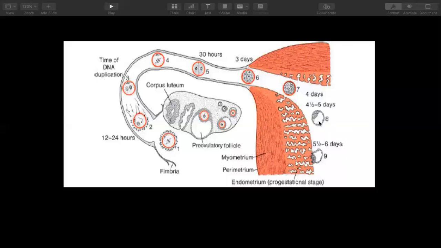So implantation is happening only within the endometrium. That's why endometrium is called stratum functionale, the functional layer of the uterus.